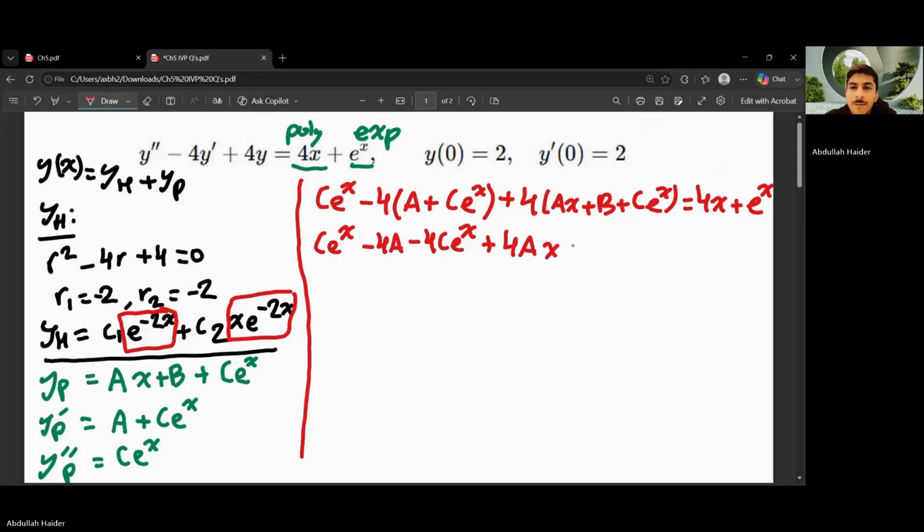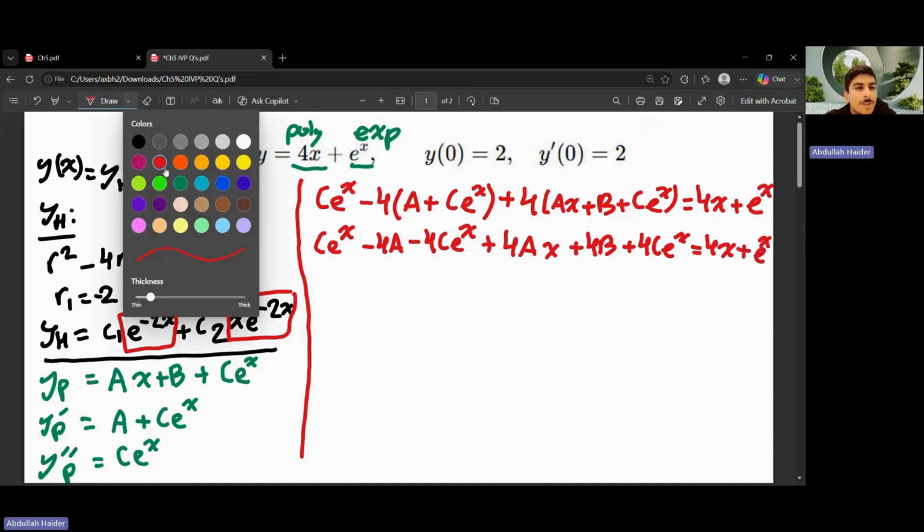4ax plus 4b plus 4c e power x is equal to 4x plus e power x. Now what we do is we group them.